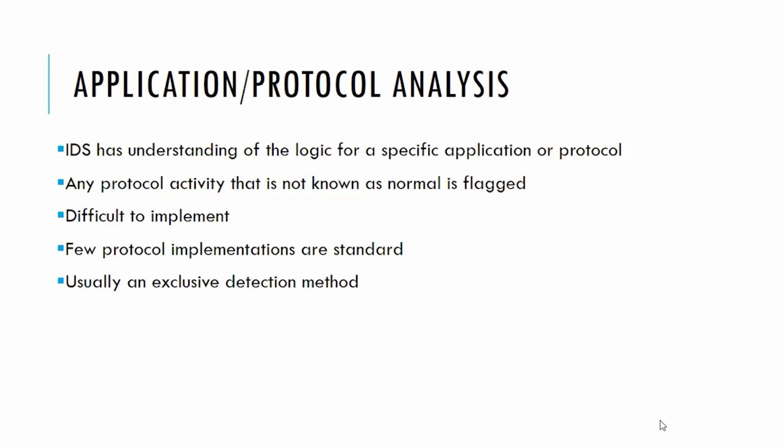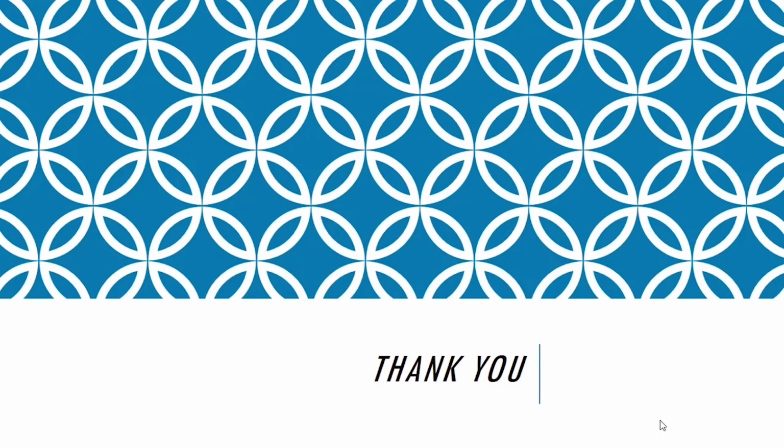So you cannot define what is normal and what is abnormal by a standard, because there is no standard to compare with. So you need to train your IDS to know what is normal and what is abnormal for such a protocol. It is usually also an exclusive detection method. The IDS uses an exclusive detection method for application and protocol analysis.